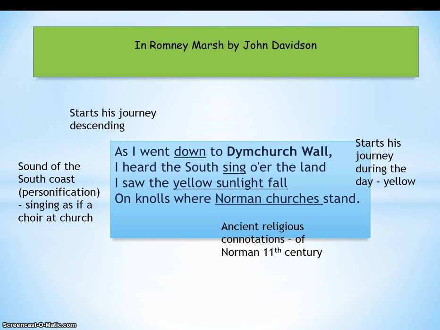Okay, so you've probably realised that this poem is really about a man's journey as he travels through Romney Marsh, and it's also a journey through time, so time and place, where he is moving through. He's describing the sunset setting and turning into night, but also the colours and the sounds that he experiences as part of this almost religious hymn.